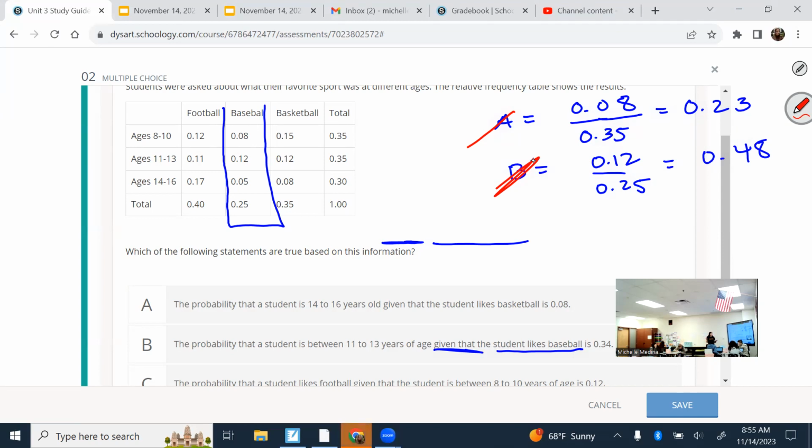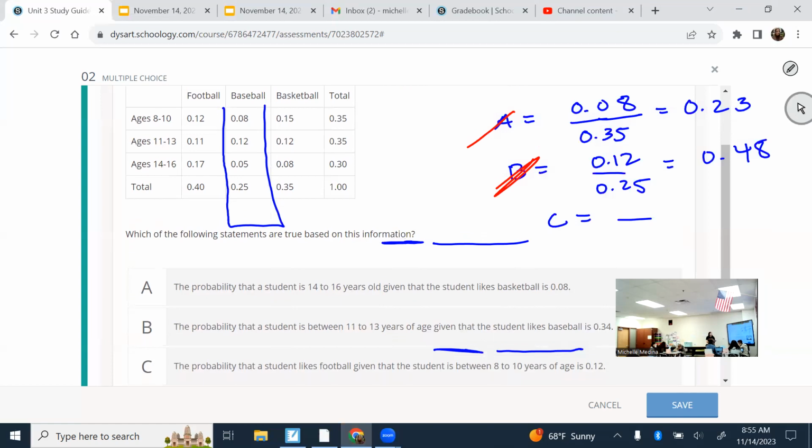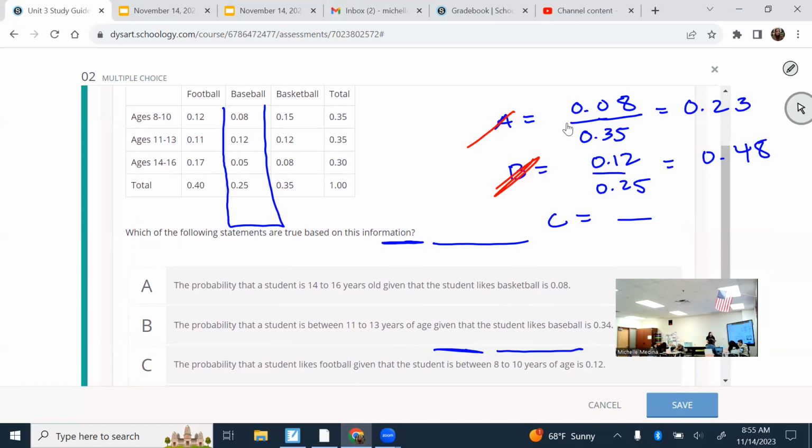Now let's see the next one. The probability that a student likes football, given that the student is between 8 to 10 years of age. What follows given that is your denominator. How many students are between 8 to 10 years of age? Okay, good. So that's going to be my denominator.